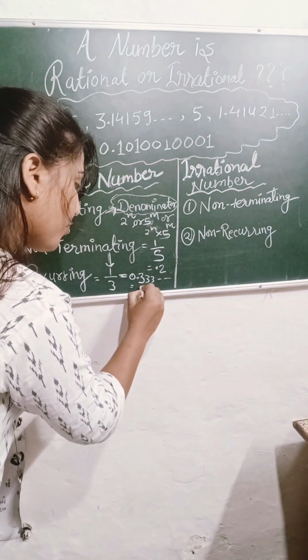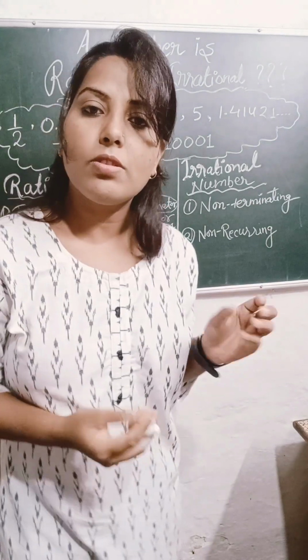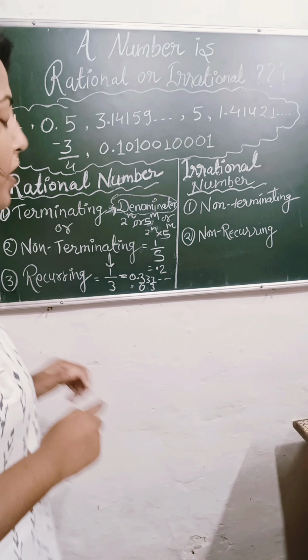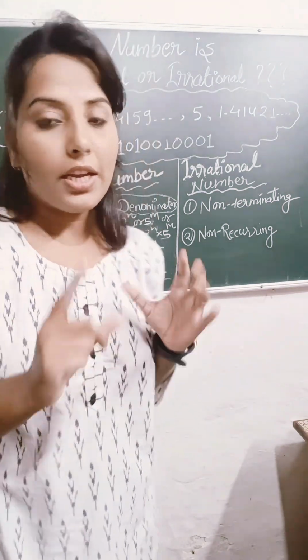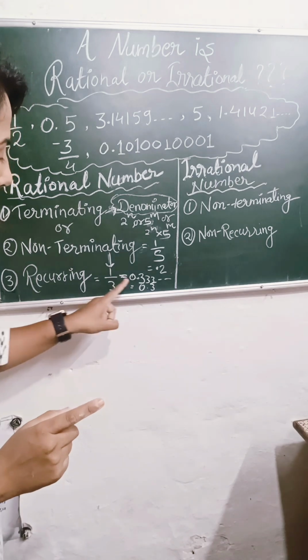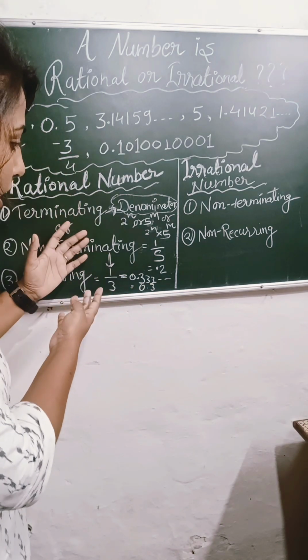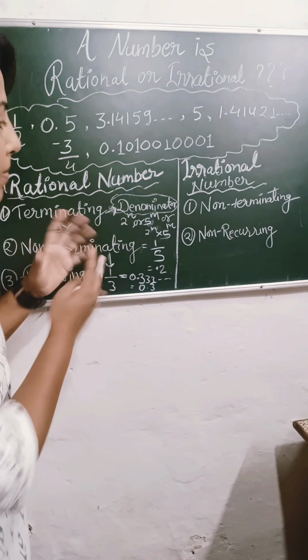We can also write it as 0.3 bar, and this bar is also known as a vinculum. In recurring, the number is repeating. So if the number has these properties, then the number is rational.